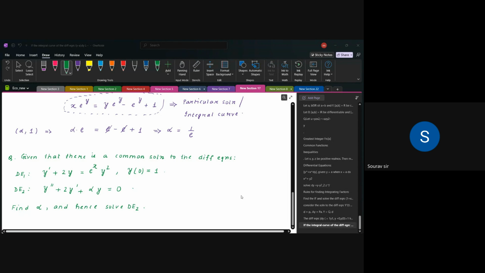Anyone? The first equation is Bernoulli's equation, okay, or we can substitute the y dash into the second equation. And then we have to find the alpha.